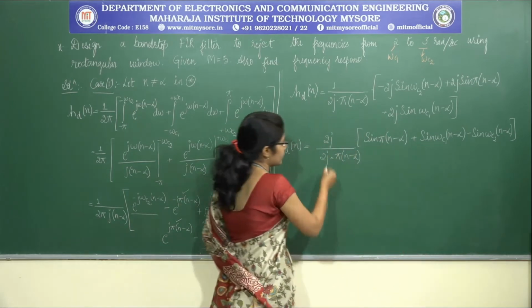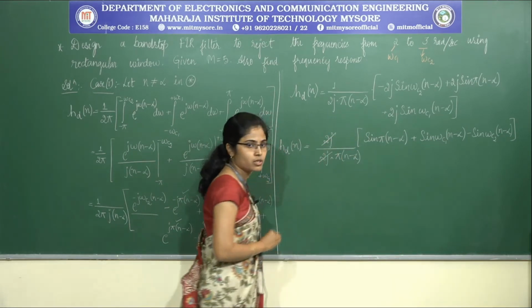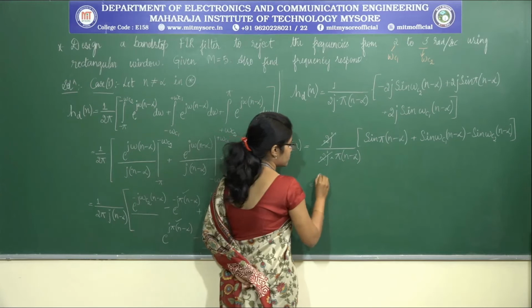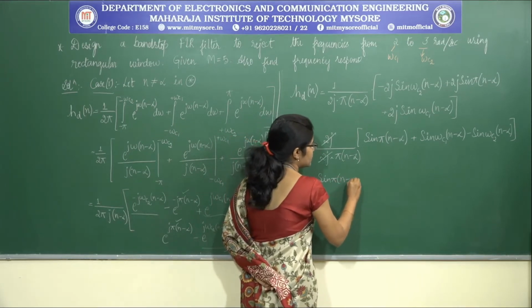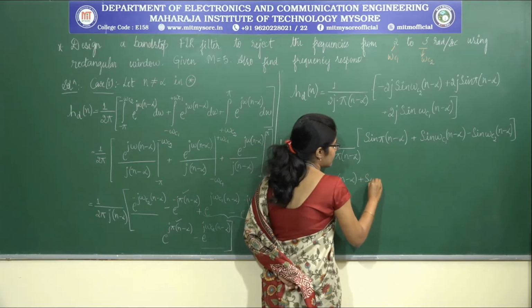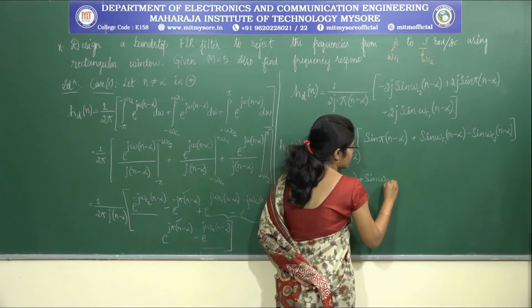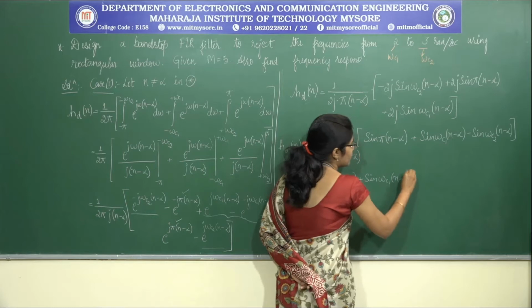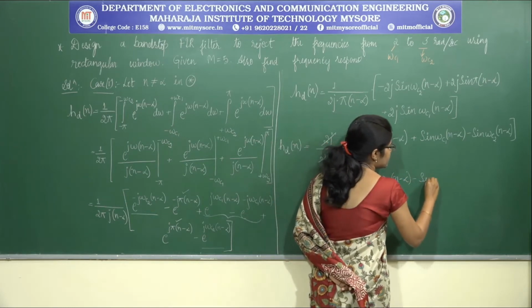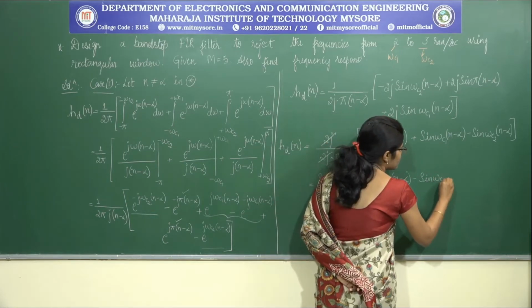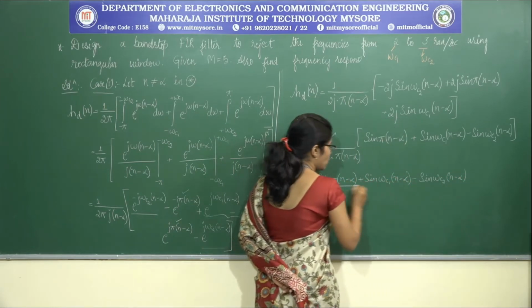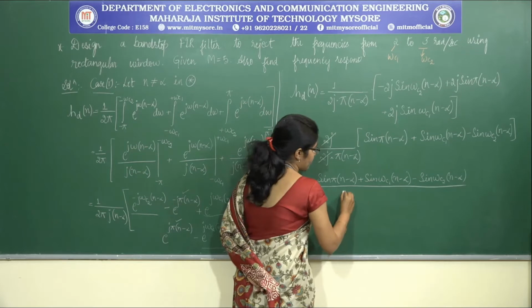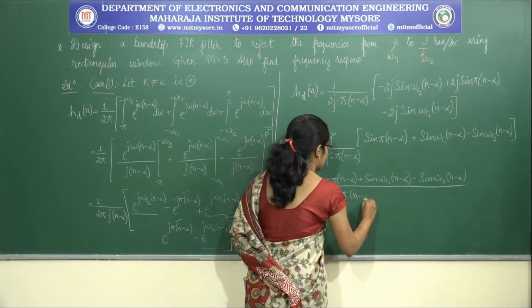Okay. Now I can cancel 2j with 2j. So what is left is nothing but sin pi n minus alpha plus sin omega c1 into n minus alpha minus sin omega c2 into n minus alpha, whole divided by pi into n minus alpha.